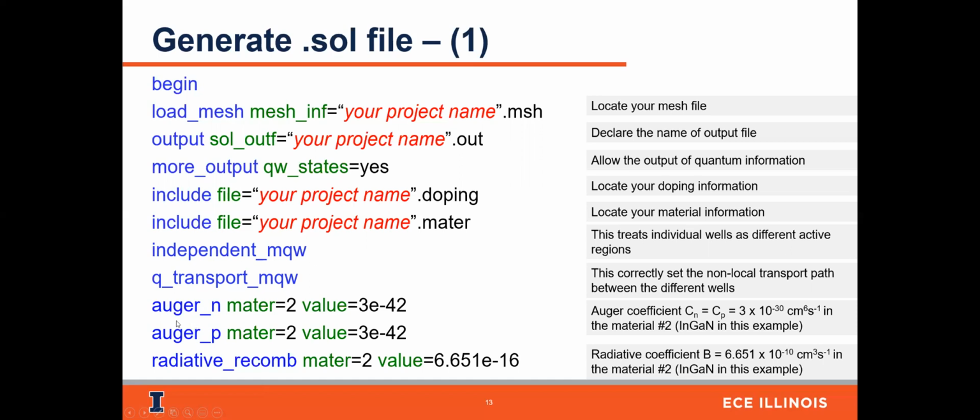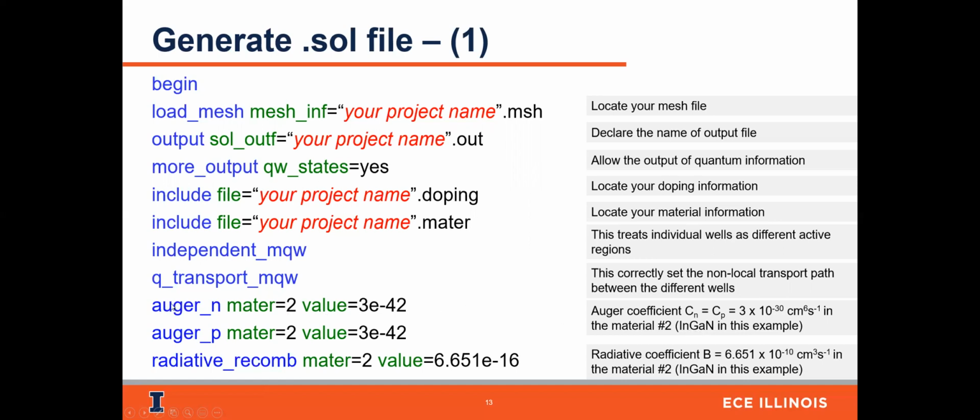Okay, and then here I specify the Auger coefficients for material equal to 2, and in this case the material index equal to 2 implies indium gallium nitride, which is our quantum well material.